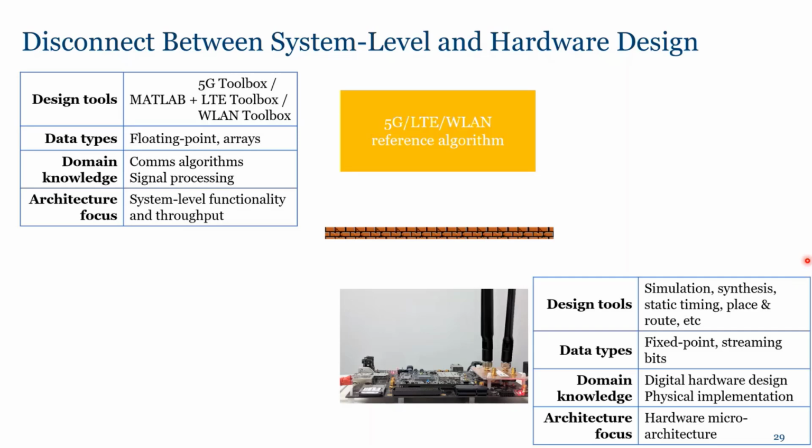So what we like with model-based design, like for DSP HDL and HDL code generation, is to always connect all the groups that should be working together. We try to provide a unified environment so that, for example, signal processing engineers and comms engineers have a unified language and environment with the digital design engineers.